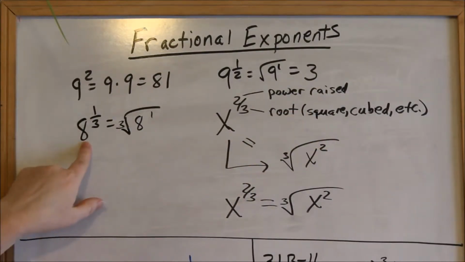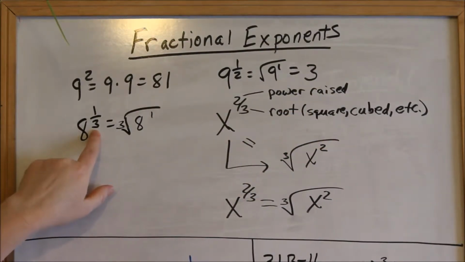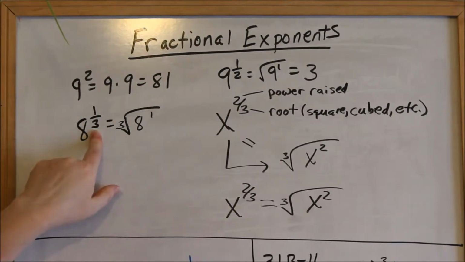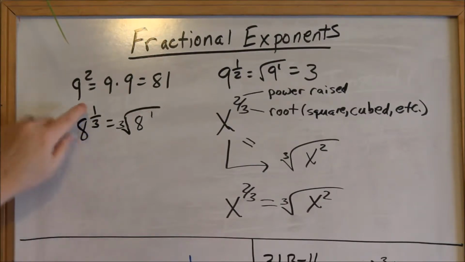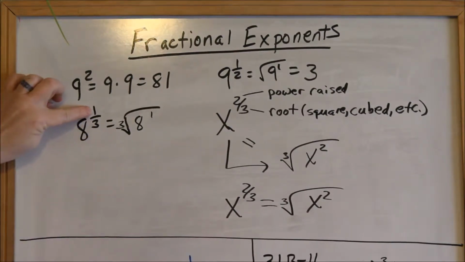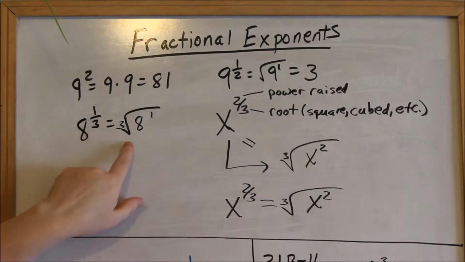Okay, now here we have 8 to the 1/3. Remember what I said, the denominator tells you which root you're taking. Are you doing the square root, the cube root, the 4th root? So this denominator tells me I'm doing the cube root, and I'm raising 8 to the 1st power. So I can rewrite it as a cube root.